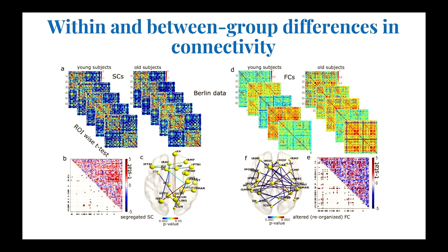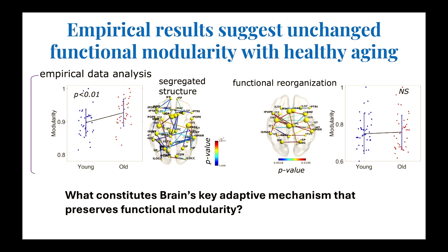Can the underlying structural organization predict functional connectivity, and do you see any changes in the underlying structural connectivity when you compare the younger group with the older group? What we find is that there is some preservation, in the functional modularity.